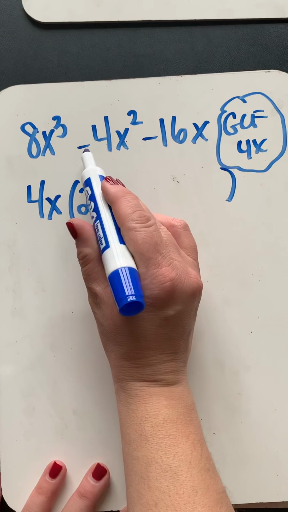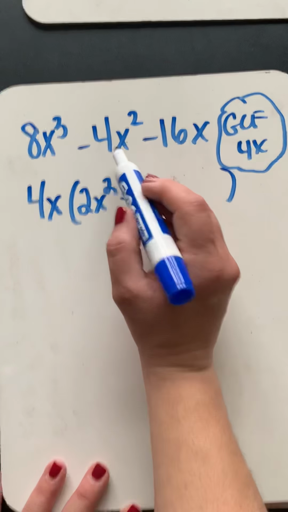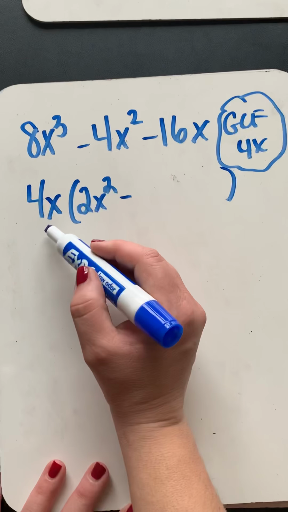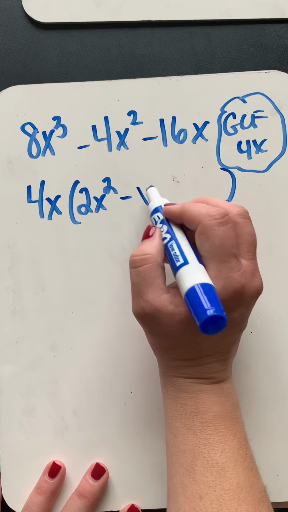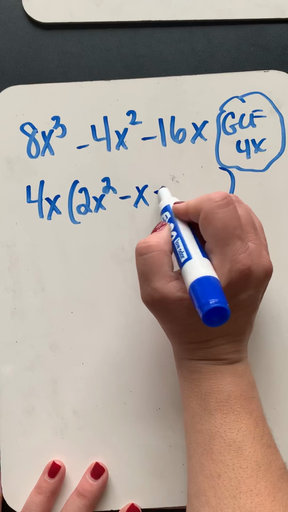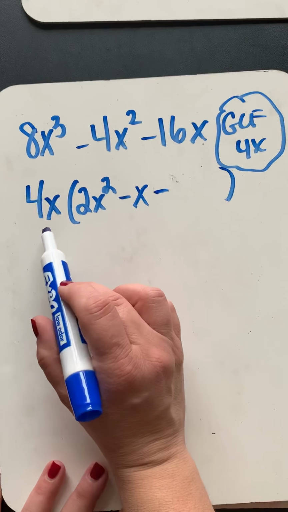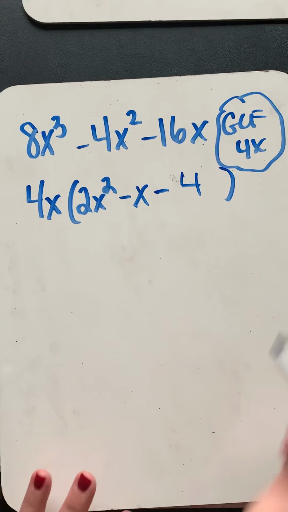Be careful: whatever the sign is, you drop it down. 4x squared divided by 4x leaves one lonely x. And the last term, negative again, 16x divided by 4x leaves 4.